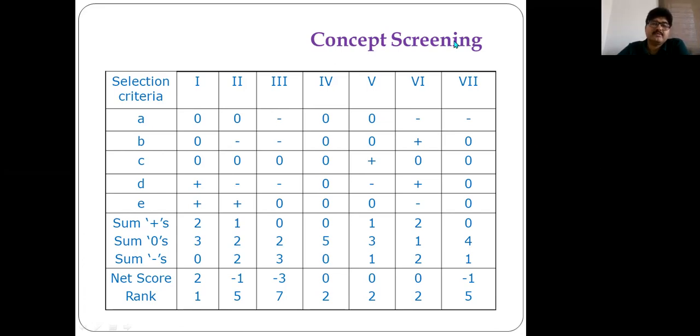This table shows that concept 1, concept 2 and also concept 5 provide a similar type of solution for satisfying selection criterion A. So these are all marked with 0, same. Where minus is marked, the third, sixth and seventh concepts are inferior to the fourth concept in addressing the selection criterion.